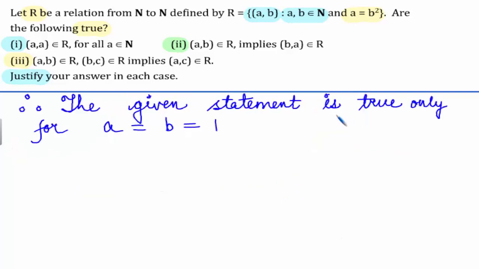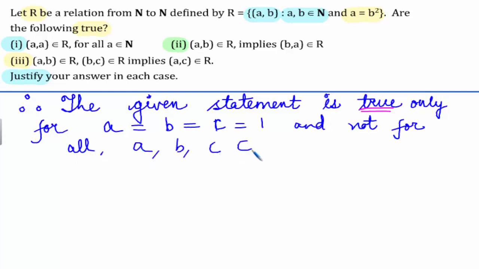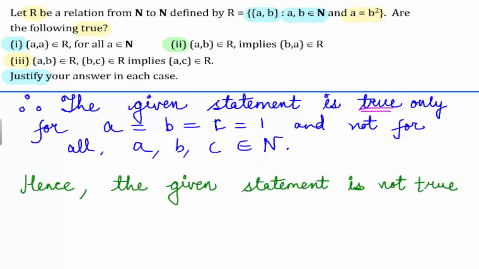Therefore, the given statement is true only for a = b = c = 1 and not for all a, b, c belonging to the set of natural numbers N. Hence, we can conclude that the given statement is not true. So with this we come to the end of the solution of this question.